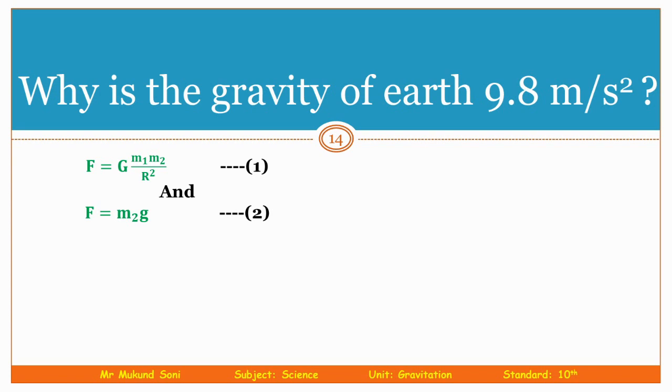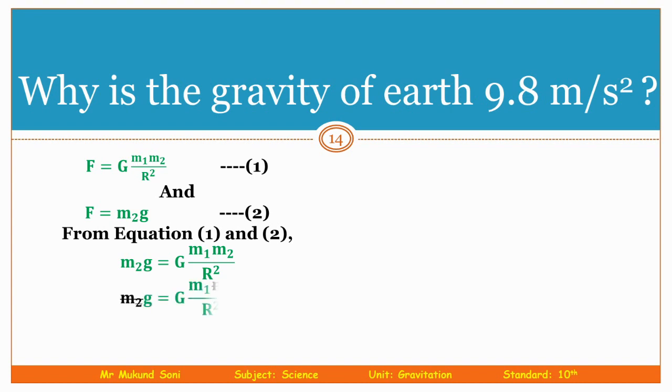And as the forces applied by the planet and the object are equal and opposite, you can see from equation 1 and 2 that F is the same on the LHS. We can equate them. m2 g equals G times m1 m2 over r square. Now do you see the same m2 can get cancelled?